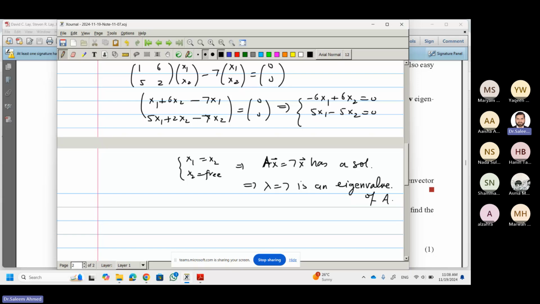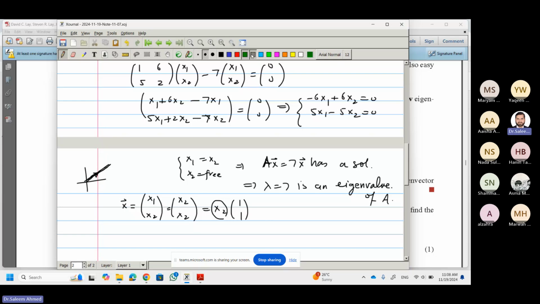And from here, you can also write the solution vector. If I write x, x is x1, x2; x1 is x2, x2 is free. So if I take x2 common, it is 1, 1. So I don't want any multiple. You see, I want a vector. Now, if you take different values of x2, it will just make it longer or shorter. That's it. So you can pick just this one.